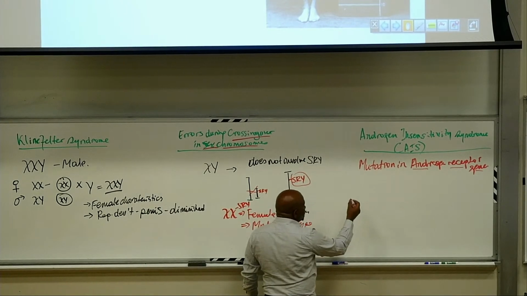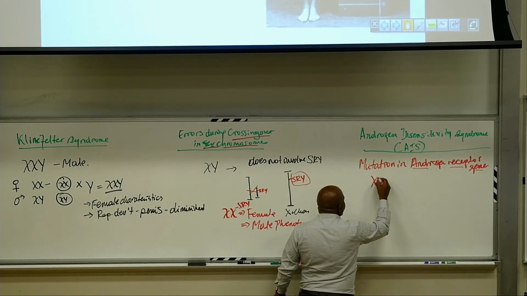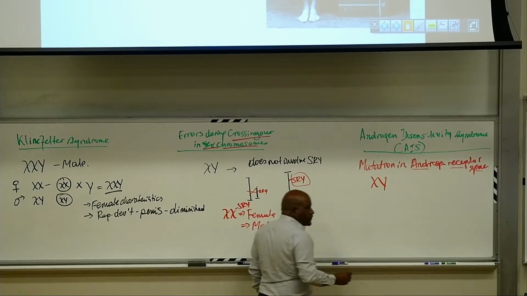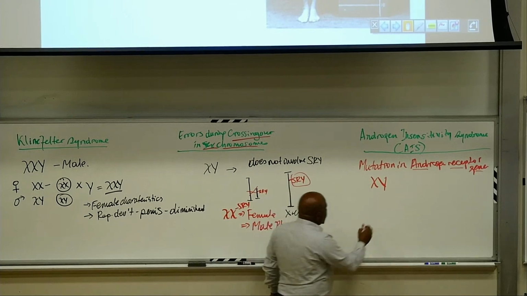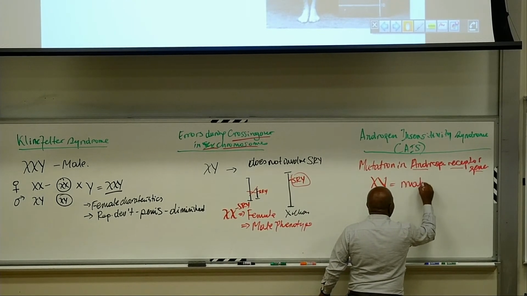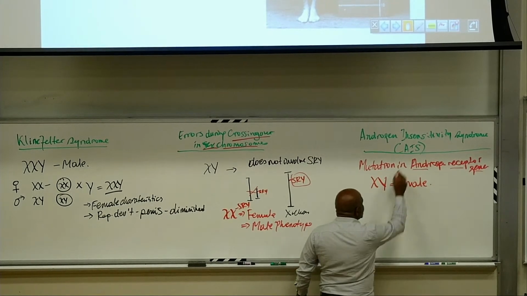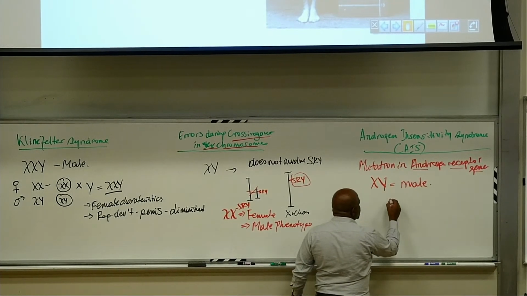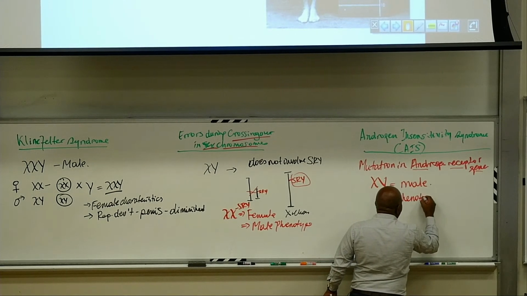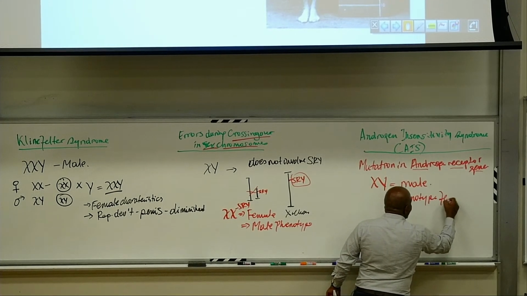So individuals which have XY, males, are genotypically male. But because the androgen receptor is not functional, they have a female phenotype.